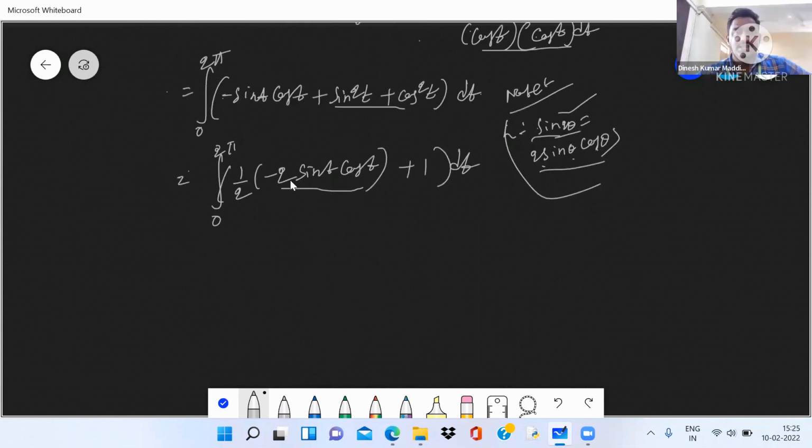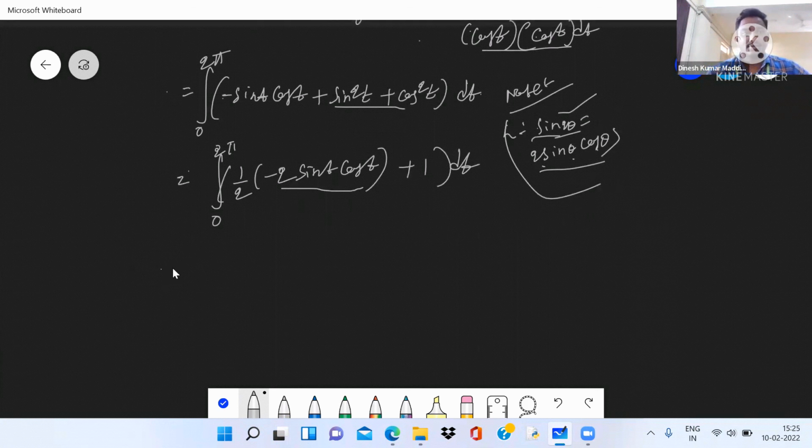Okay. Then here we will get sin 2t, integral from 0 to 2 pi of minus 1 by 2 sin 2t plus 1 dt. So here minus 1 by 2 into, when you integrate sin 2t, what will you get?